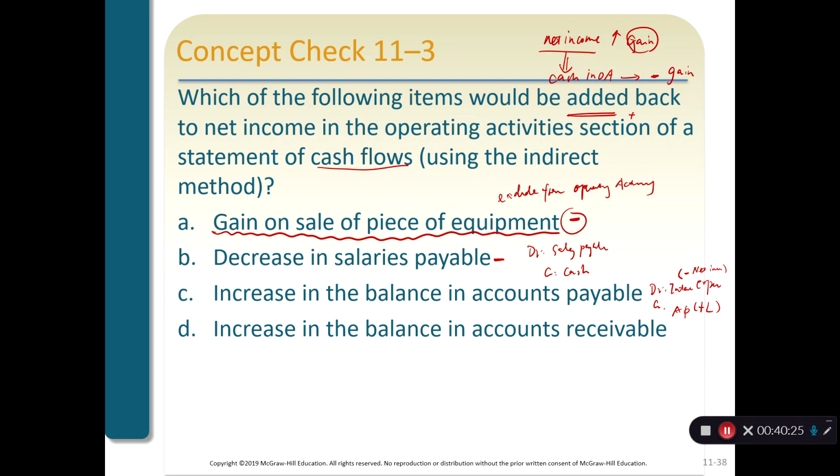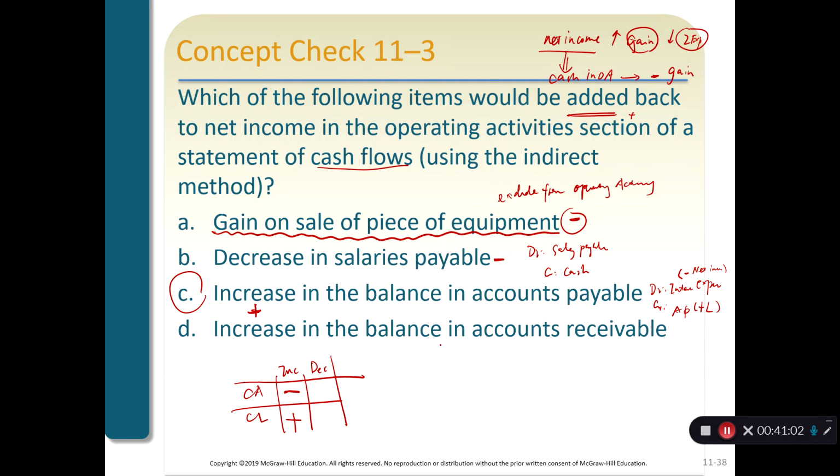Since the interest expenses is reducing net income, and also it did not involve cash outflow, we need to add this one back. In other words, remember current asset, current liability, draw the line. So increase and decrease. When current asset is increased, we want to minus it. When current liability is increasing, we want to add cash. So therefore, this one is correct, right?